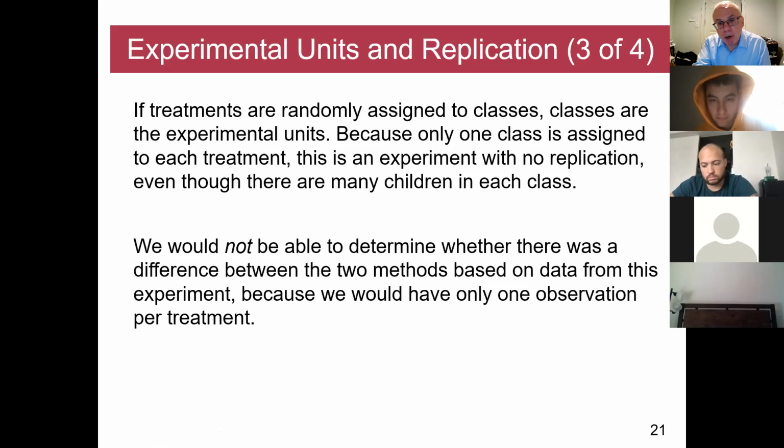If only one class, even with 30 students, is getting one of the arithmetic methods, then there's no replication. Multiple classrooms have to be receiving that one method for there to be replication. That's an important concept, something I could easily ask a question about.